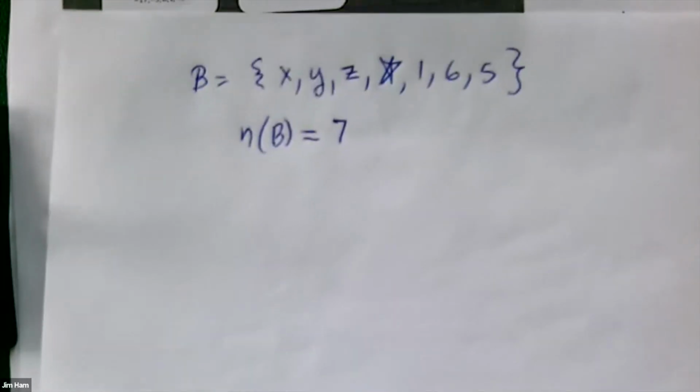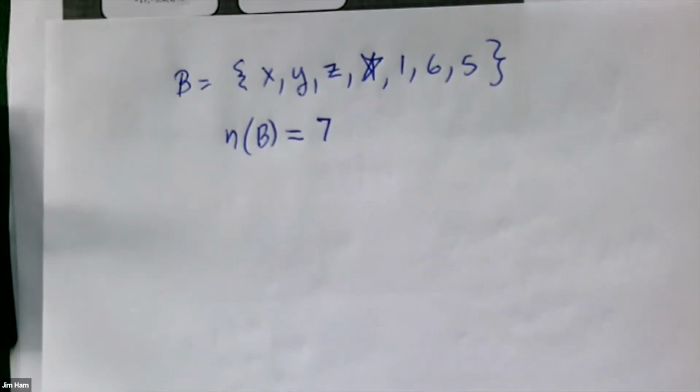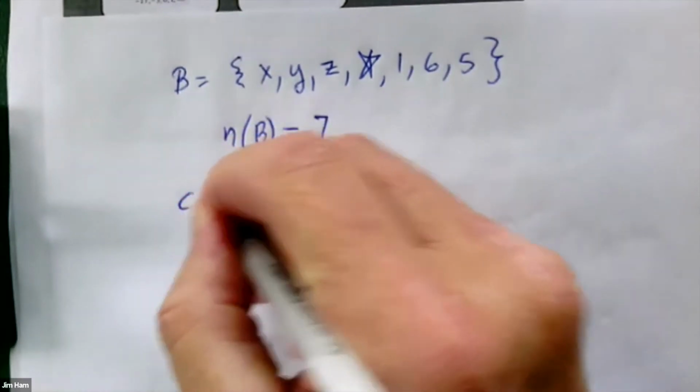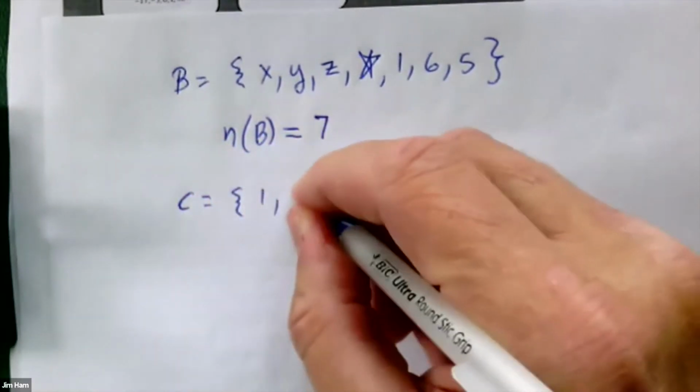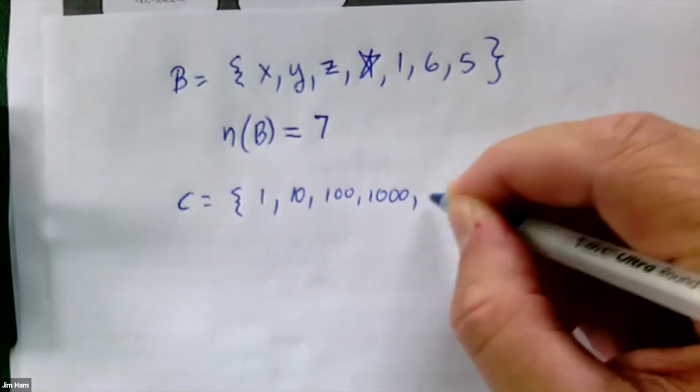Okay, the next idea is what's the difference between equivalent sets and equal sets? The short definition is this: two sets are equivalent if they have the same number of elements. And that's why we did this cardinality thing here, because we need to know the number of elements. The two sets can look completely different, like 1, 10, 100, 1,000, 10,000.